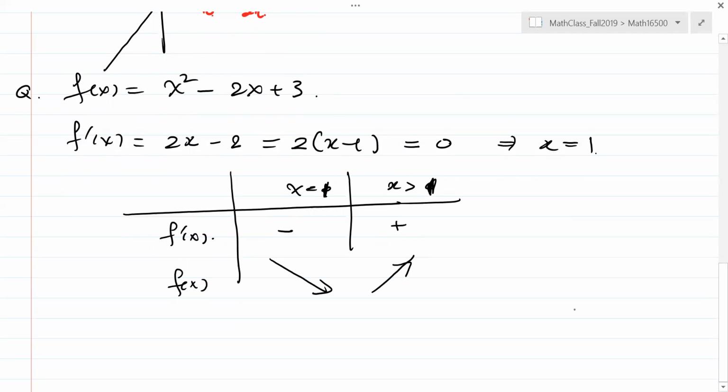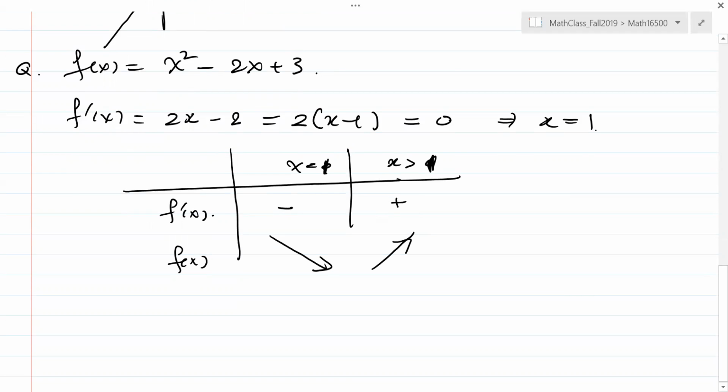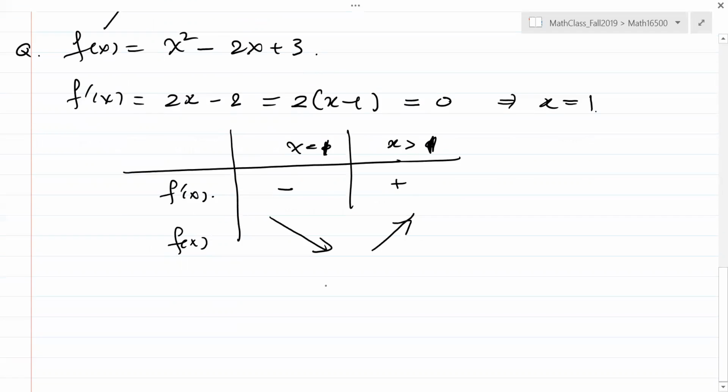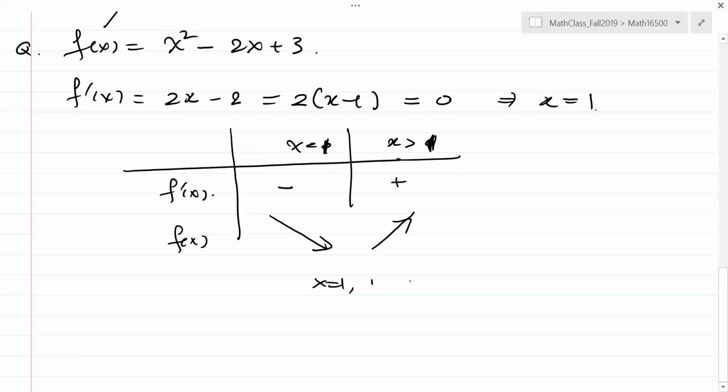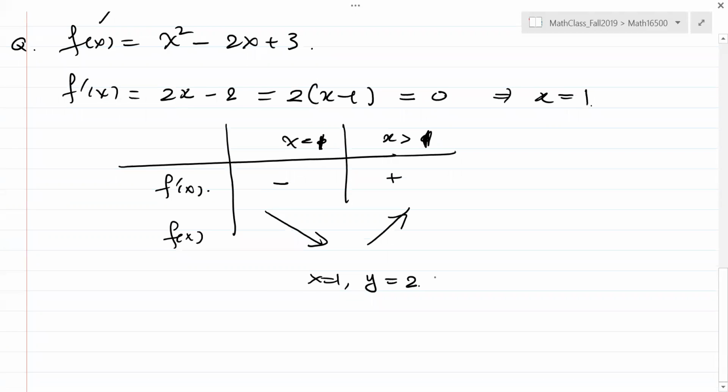So this must be a parabola opening upward, and the vertex is at x equals 1. When x equals 1, the y value is 1 minus 2 plus 3, so it's 2. This is f of 1, which equals 2. So you can sketch this graph right away.